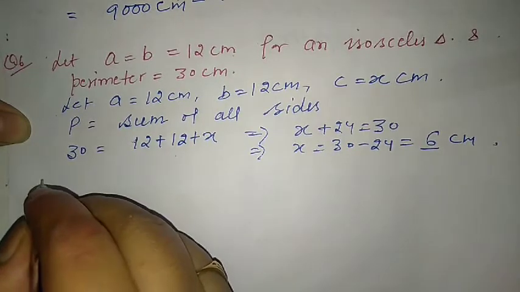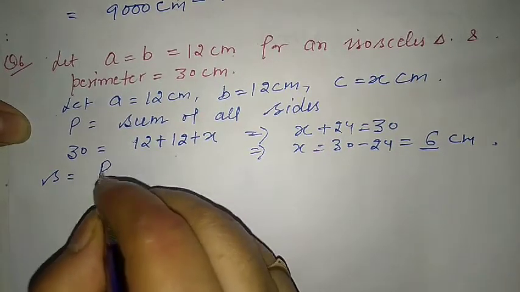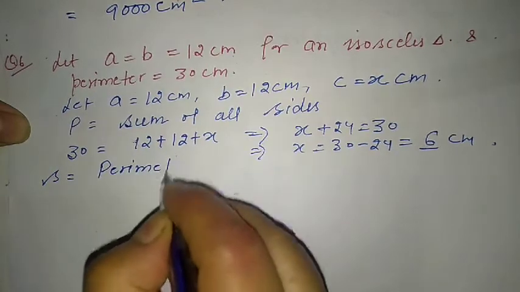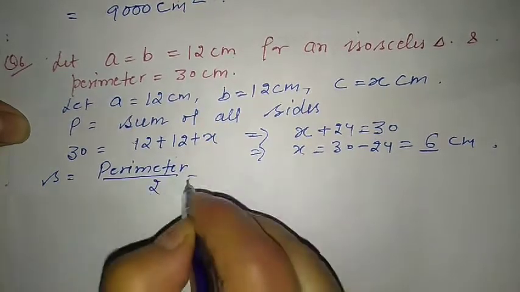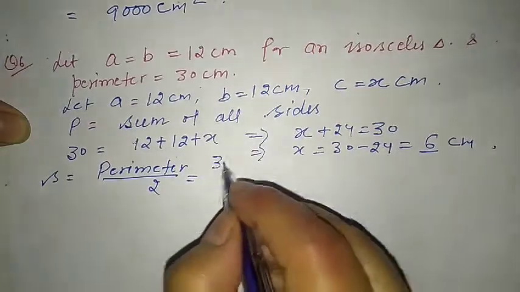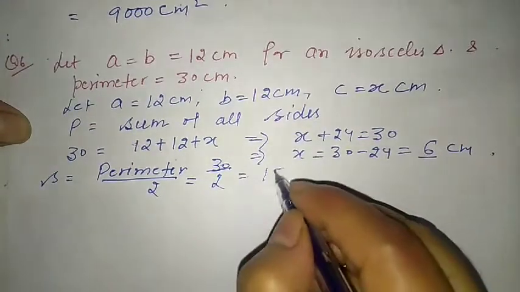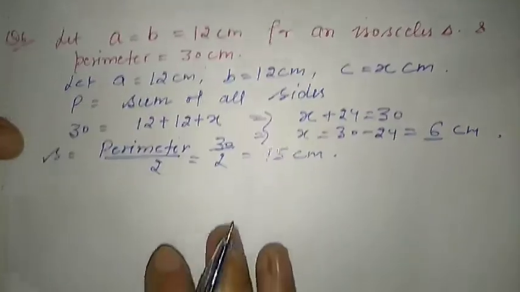Now S we have to find. S is equal to perimeter divided by 2. Perimeter is 30, 30 divided by 2, that is 15 centimeter.